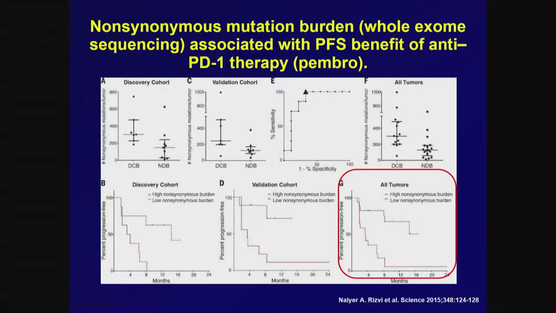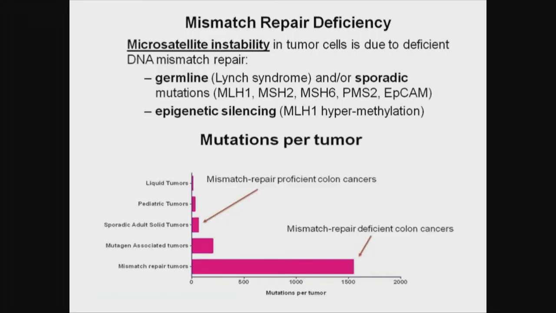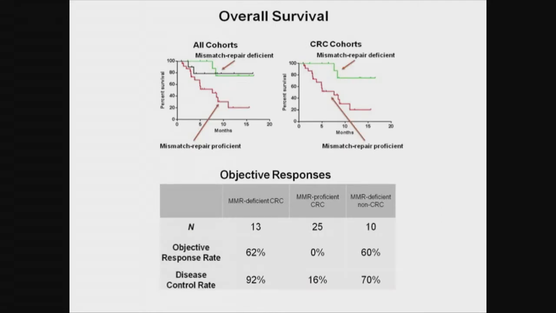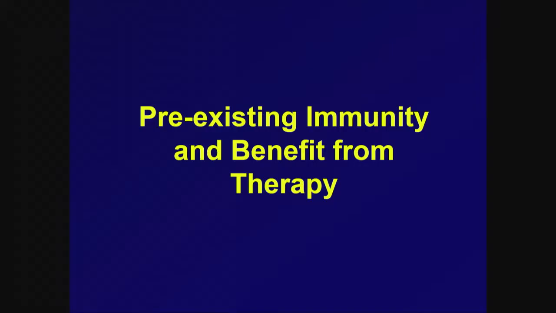And the importance of this lies in this study here, by Rizvi et al., the first study in Science, which showed that patients with high non-synonymous mutation burden did better than those that had a low level of those. Likewise, there was mismatch repair deficiency, where you make lots and lots of proteins. They tend to be associated with a good response to immune therapies. So the more neoantigens you make, the more likely you are to respond to therapy.